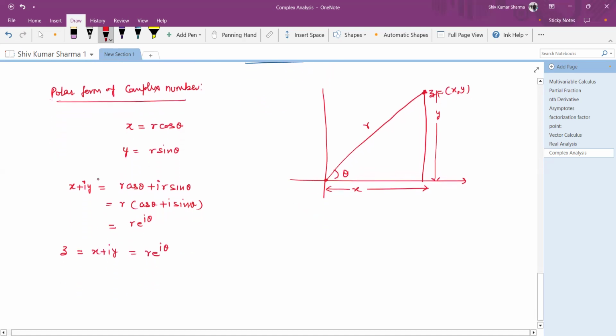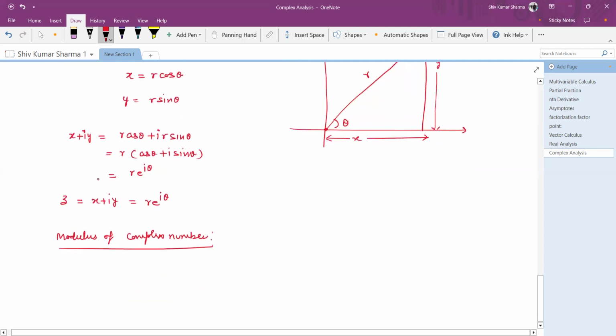Okay, so now we move to the modulus of a complex number.